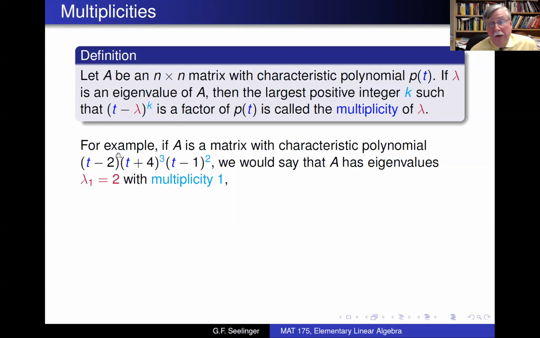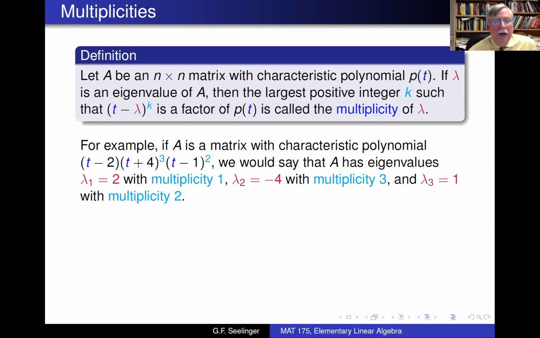With exponents, if it's 1, we don't tend to write that exponent, and so that has multiplicity 1. Lambda equals -4 is the root of this factor, and the exponent here is 3, so it's lambda equals -4 with multiplicity 3. And finally, lambda equals 1 with multiplicity 2, because that's the exponent here.